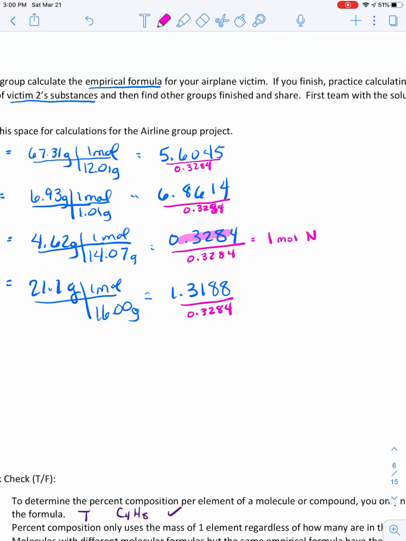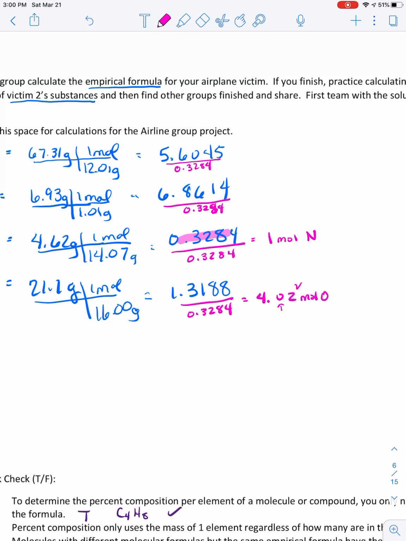On my calculator, I can go up and grab my numbers again. The closest one next is the lowest one, so I'm going to do the 1.3188 divided by 0.3284. That gives me 4.02. So that's definitely 4.0. The only time it's kind of weird is if there's a number here that's not close to a whole number. So that one's cool.